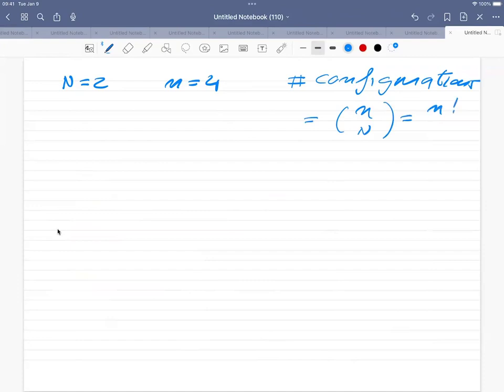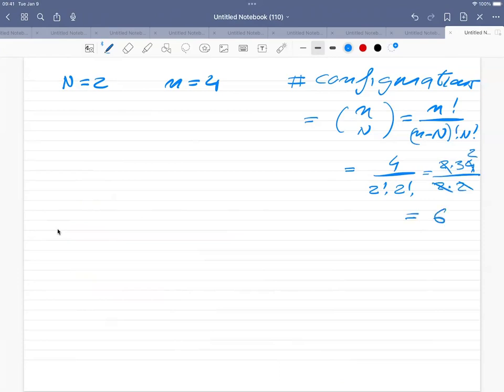So this is n factorial divided by n minus N factorial multiplied with N factorial. And in this specific case, you would have 4 factorial divided by 2 factorial, 2 factorial. So that is simply equal to 2 times 3 times 4 divided by 2 times 2, and then you have a 2 here. So that's in total 6 states. So these are your configurations here.